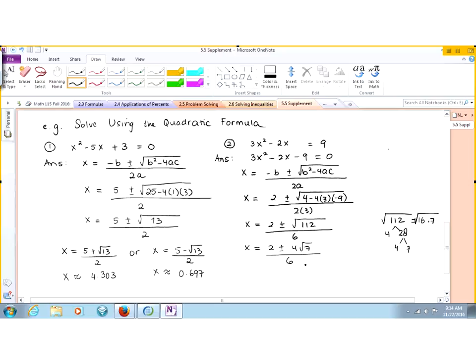Yes. So how do we simplify 2 plus or minus 4 square root of 7 divided by 6? Divide by 2. Yes. So x is equal to 1 plus or minus 2 square root of 7 divided by 3. All right.